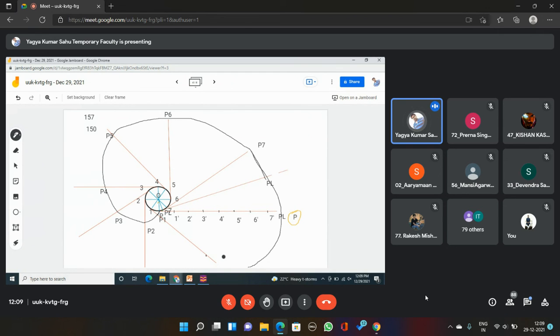The radius will increase, but you will get that point exactly. If you get 9 equal divisions, then point 9 will coincide with this particular point 1, and P9 will lie on this tangent passing from 1.